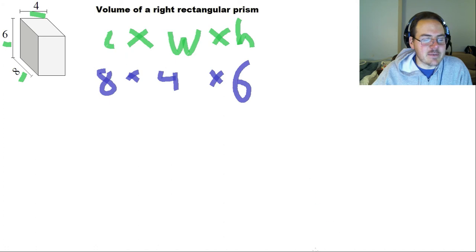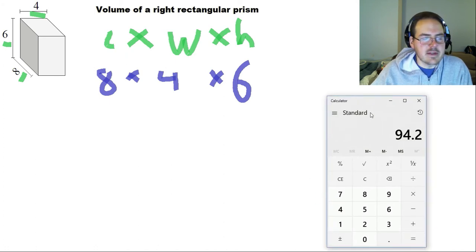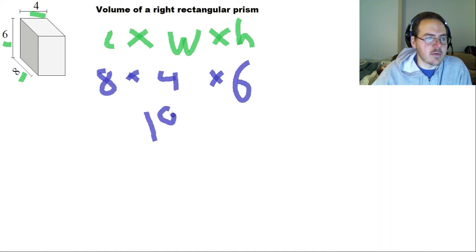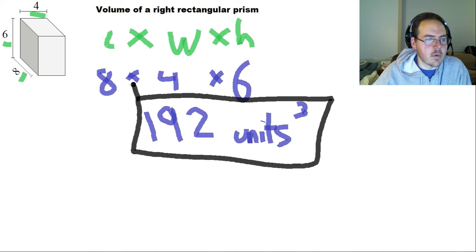So 8 times 4 times 6. Bada bing, bada boom is 192. That'd be 192 units squared. No, units to the third power. Three dimensions, third power. That's it. Length times width times height is the volume of a rectangular prism.